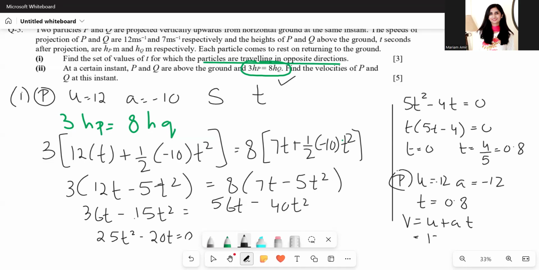So 12 minus, no, this is minus 10, I'm sorry. So 12 minus 10 times 0.8, which gives 4 meters per second.